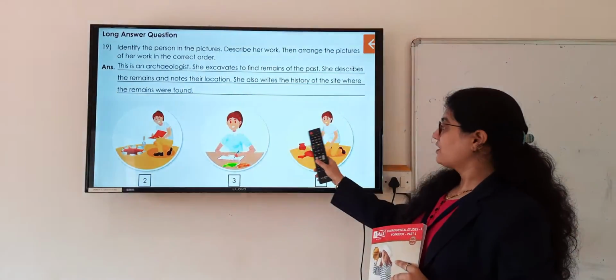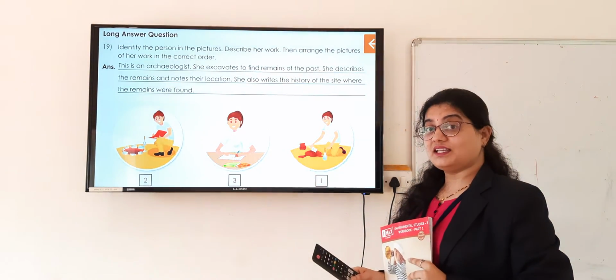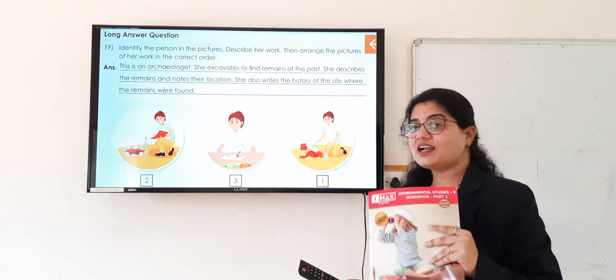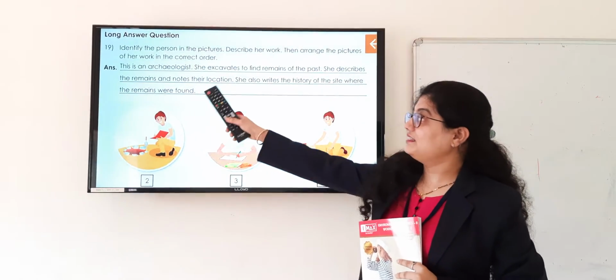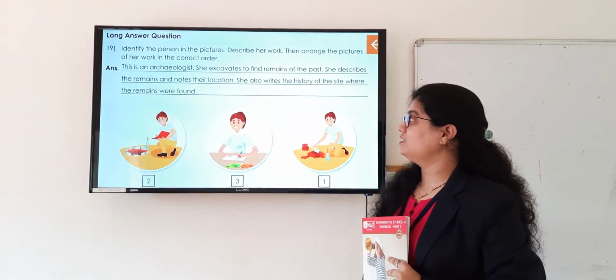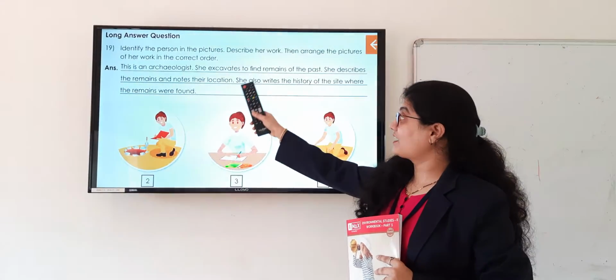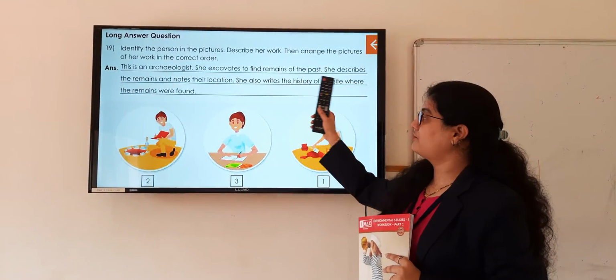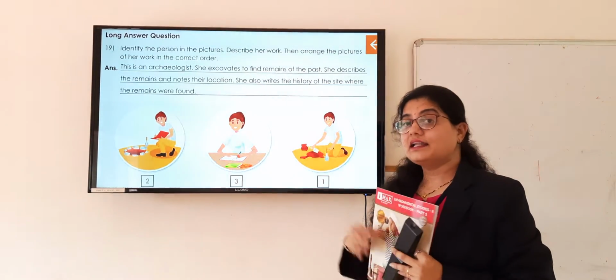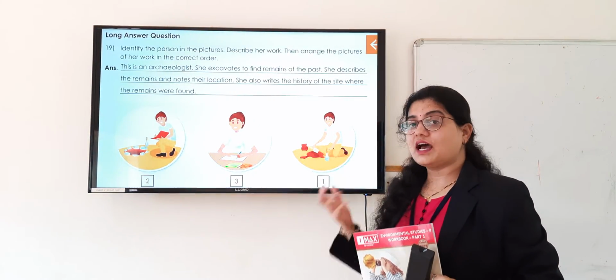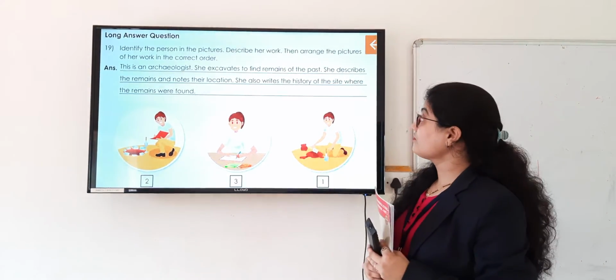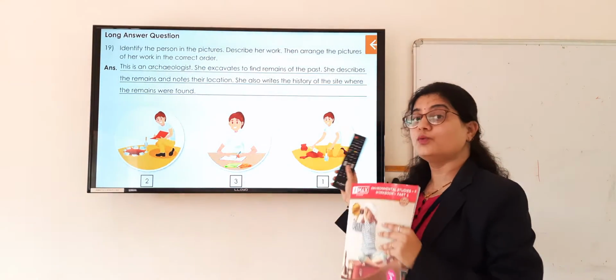Here she is digging something, which means she is an archaeologist. What does she do? As we all know, she excavates to find remains of the past. She digs up and finds past things or human remains.